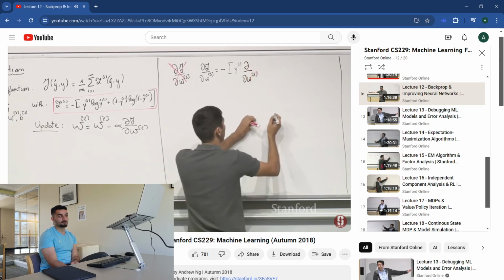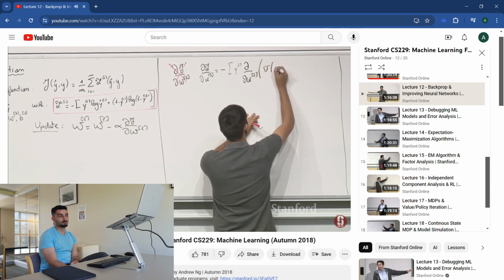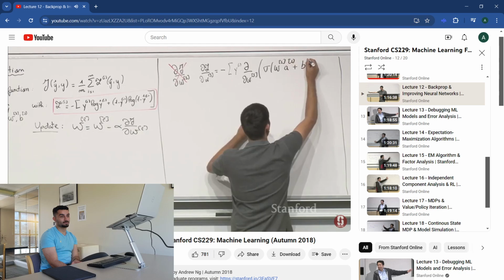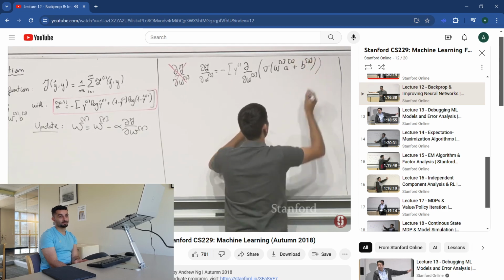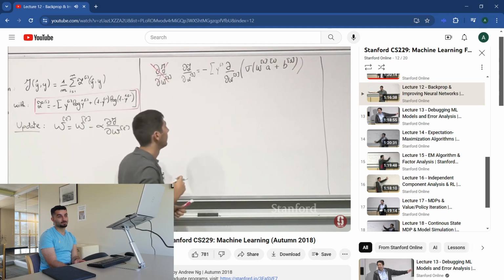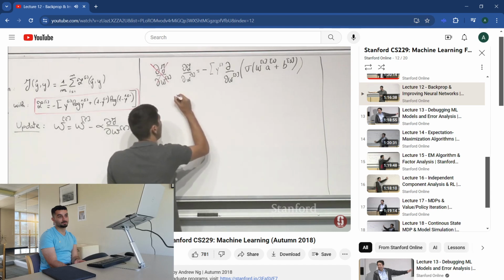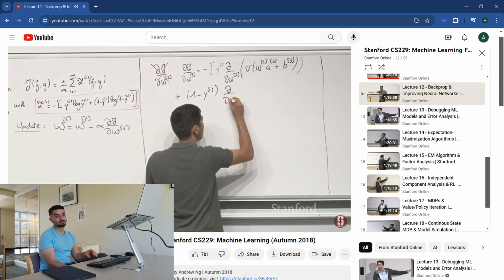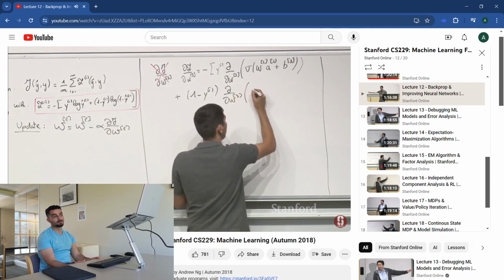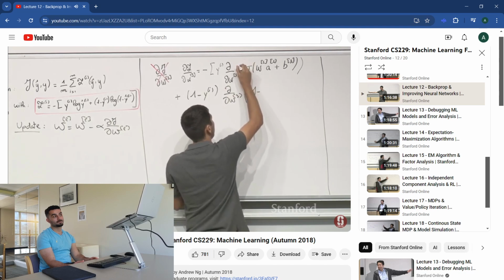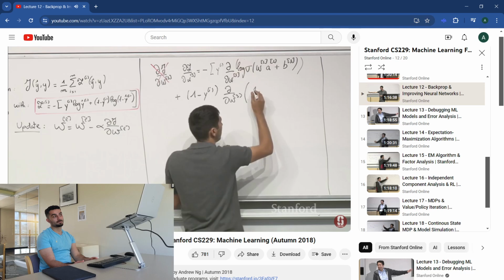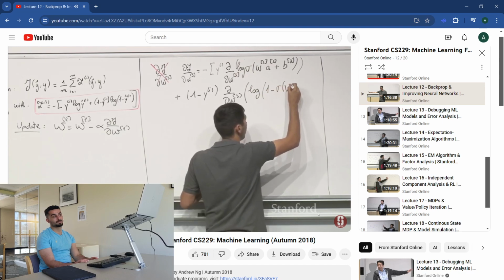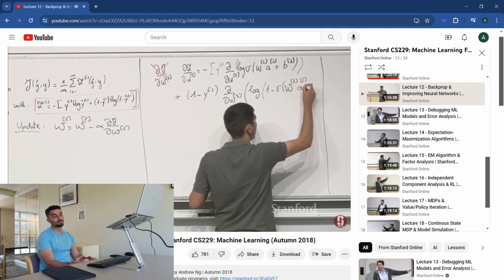Is it good like that? Okay. So we have this term, and then we have the second term, which is plus 1 minus yi times the derivative with respect to W3 of, sorry, I forgot the logarithm here, log of 1 minus sigmoid of W3 A2 plus B3.